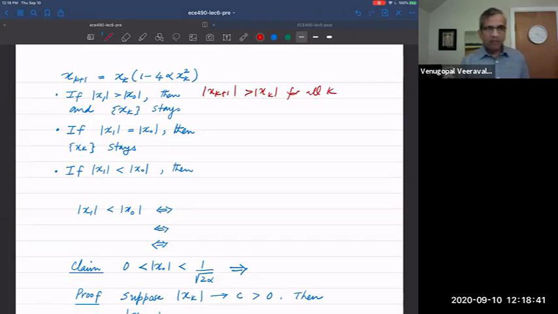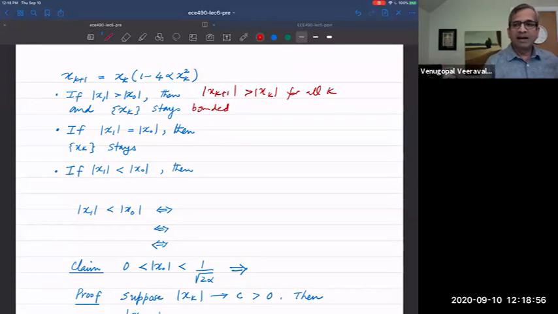And so if you start at any point, you're going to have a larger magnitude from there. So there's no way it's going to go to 0. So in this case, xk stays bounded away from 0.